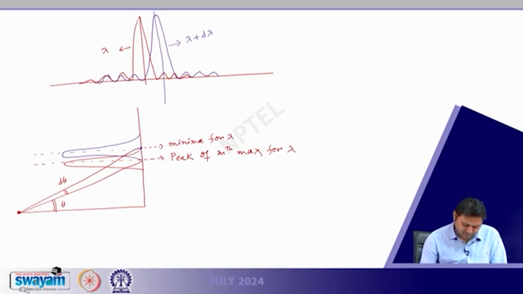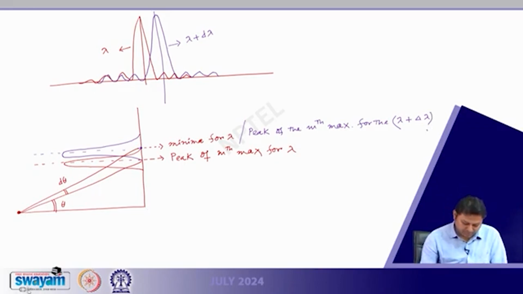So, this is also the peak of the mth maxima for the wavelength lambda plus delta lambda. Okay, so that is the condition.